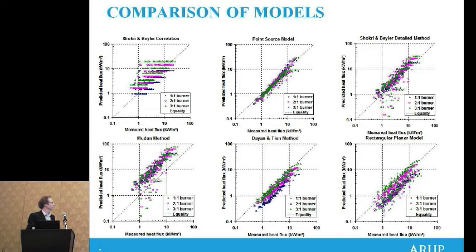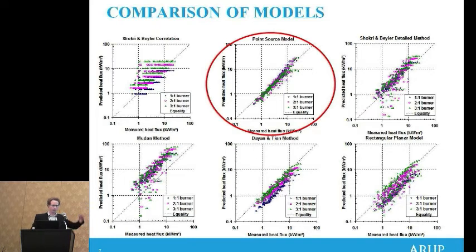This model here, one of the cylindrical models, seemed to systematically over-predict the heat flux, and the other ones showed an element of scatter, but still reasonably close to the equality line. As I said before, the point source model was shown to have the most accurate predictions, which was somewhat surprising given the relative simplicity of this model in comparison to some of the others.